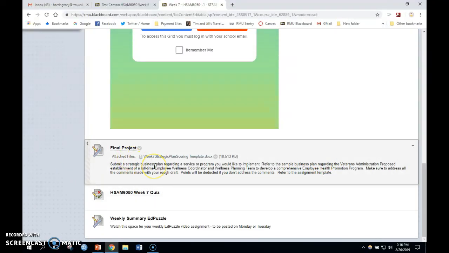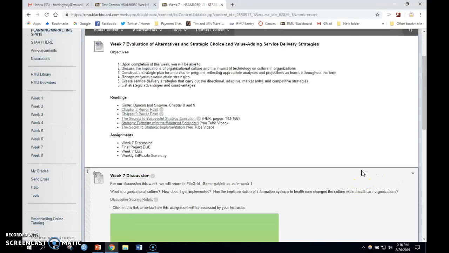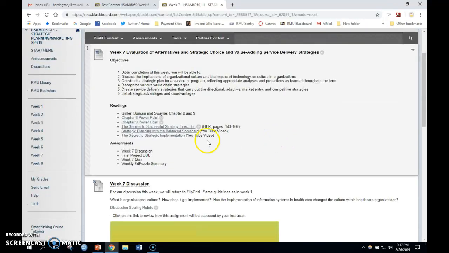Make sure that you take a look at the scoring template. That'll give you some idea of what types of things I'm looking for in the project overall. Make sure that you address any comments, for those of you that submitted a draft or an outline, they all generally looked really good, but make sure that you address any comments that you find there.